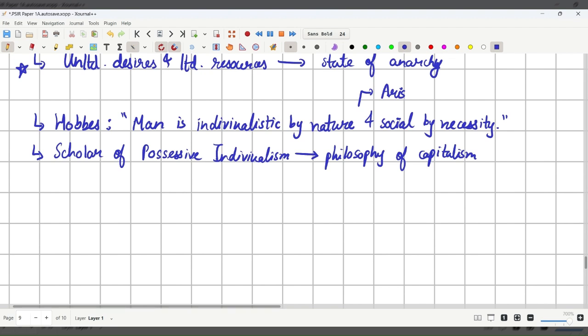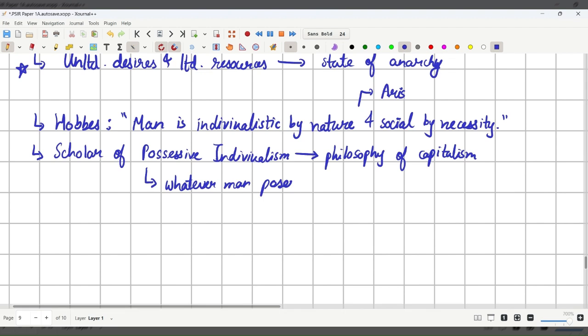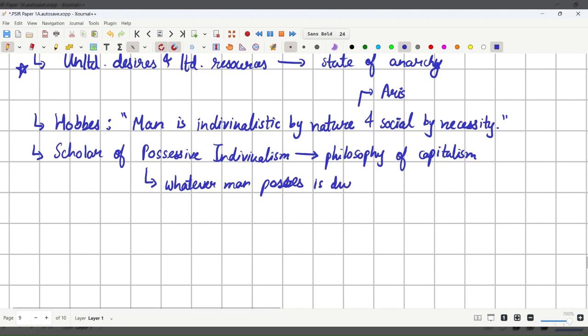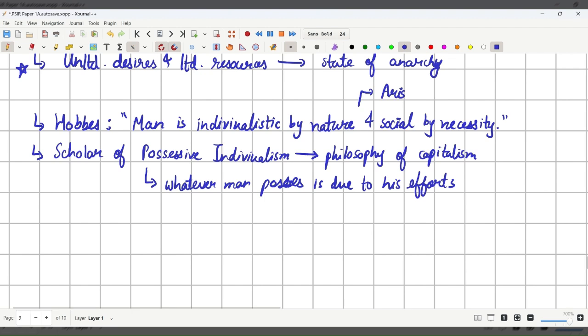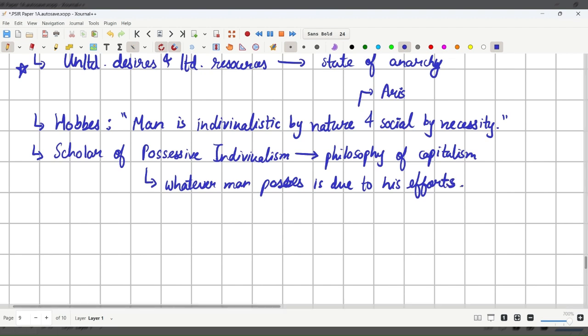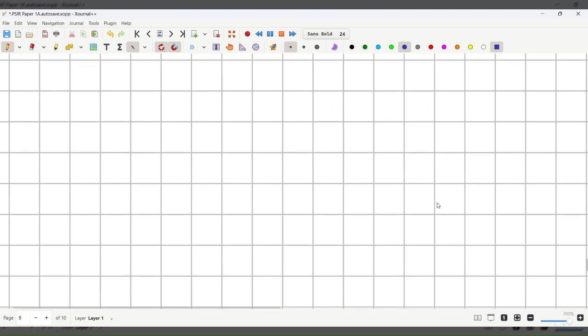What possessive individualism means is that whatever man possesses is due to his efforts, and hence man cannot be compelled to give back to society. So with this, Hobbes as an individualist is over, and now Hobbes as an absolutist.